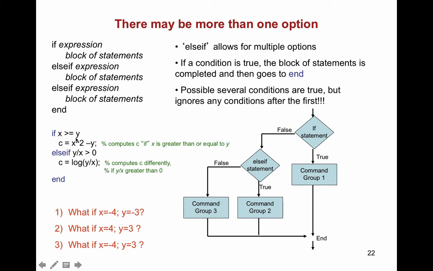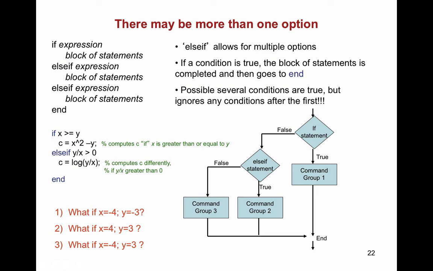Is x larger than or equal to y? No. So this is not going to execute. It's going to keep going. Okay. So is y over x larger than 0? It is. So c is the logarithm of that y over x, which is 0.75, 3/4. Okay. Cool.